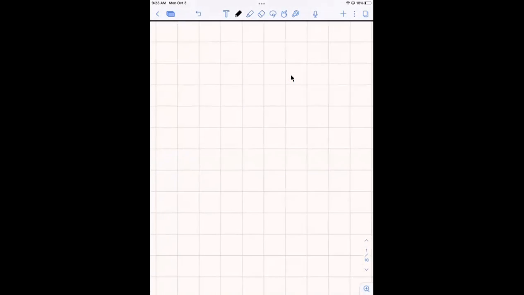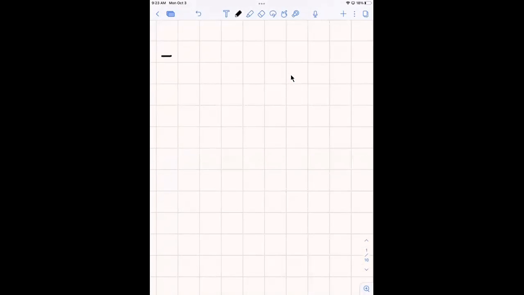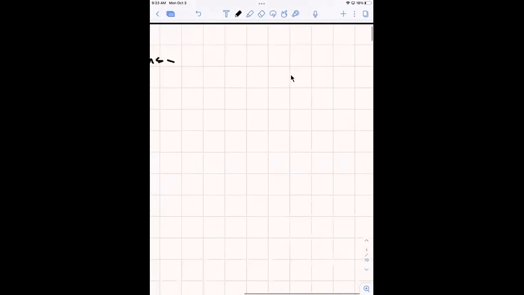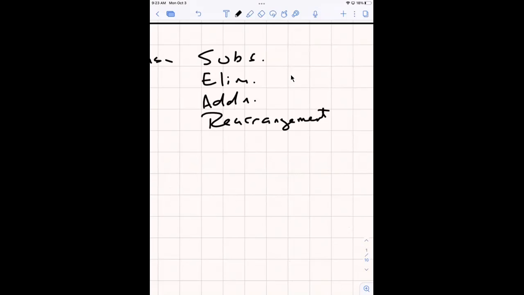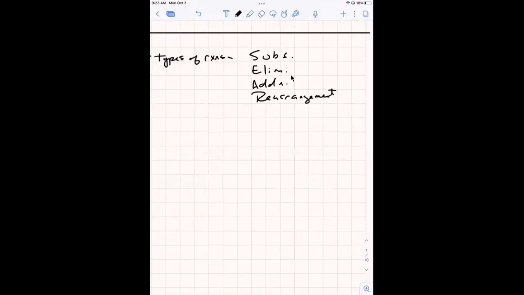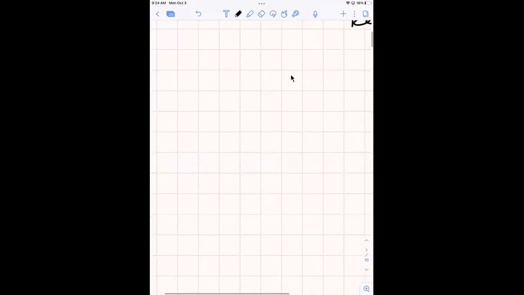So you probably remember from part 1, there were 4 types of reactions, right? There was substitution, elimination, addition, and then rearrangement. Right, so with substitution, let's go back to a familiar example.